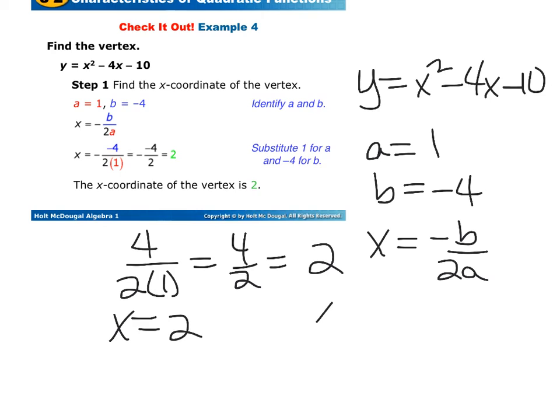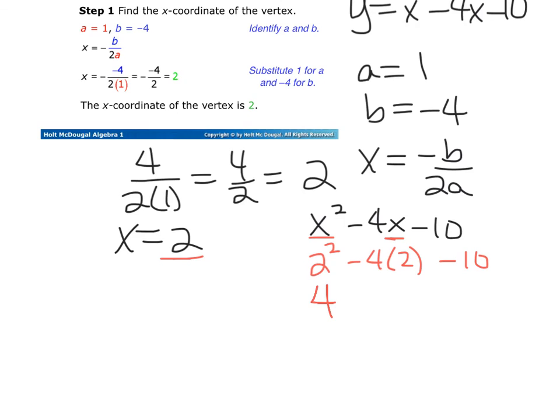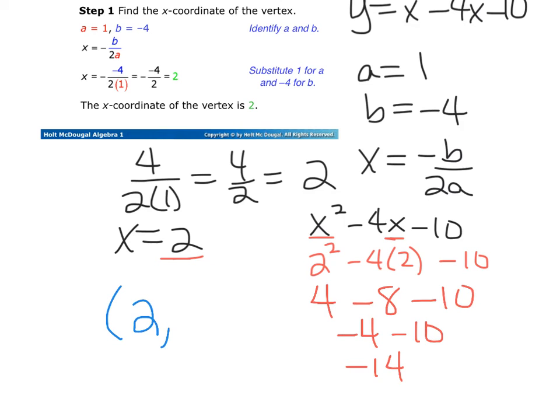So now again, I take my original equation, I'm going to take out the letter x's, and I'm going to put in 2's. So 2 squared minus 4 times 2 minus 10. Square the 2, multiply this here, and now work left to right. Negative 4 minus 10, and the y of my vertex is negative 14. So the ordered pair for my vertex is 2 comma negative 14.